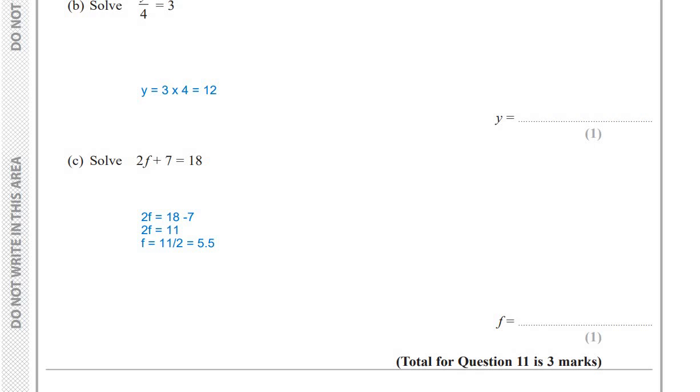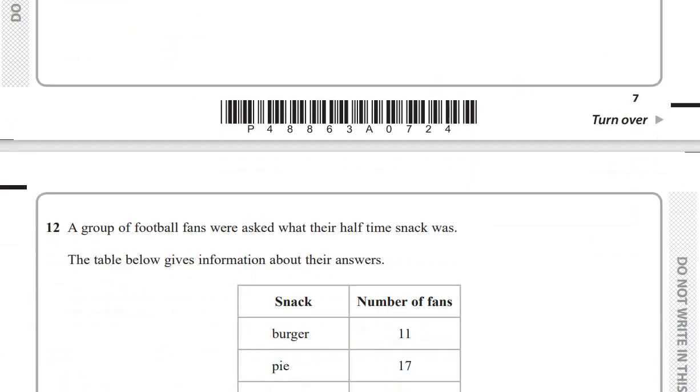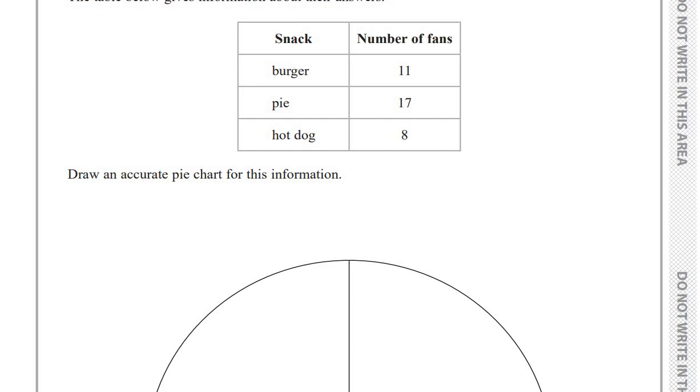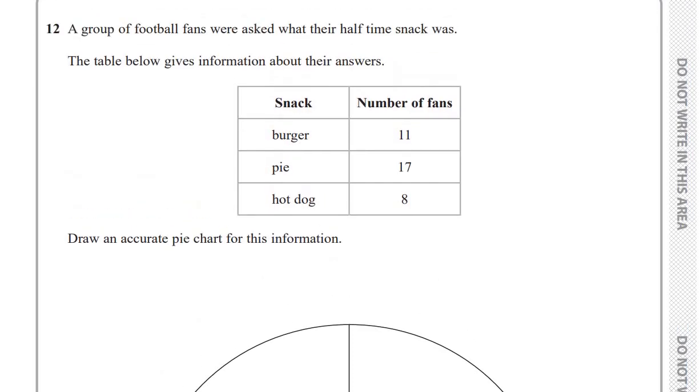All right, let's move on. Here we have a table below, and we need to draw an accurate pie chart for this information. And for that, you're going to need to calculate the angle for each sector of your pie chart. And before that, we need to find the total number of fans here.